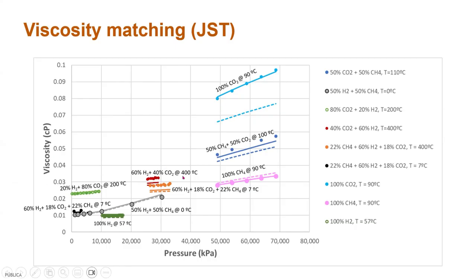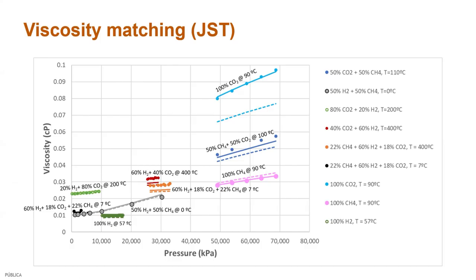For example, for this sample, I put a very small weight because I consider the other samples much more representative than this. Another case, take a look at this mixture, 7 degrees C. 7 degrees C for reservoir conditions is not representative. It can be representative for the production guy, but our focus is on the reservoir.